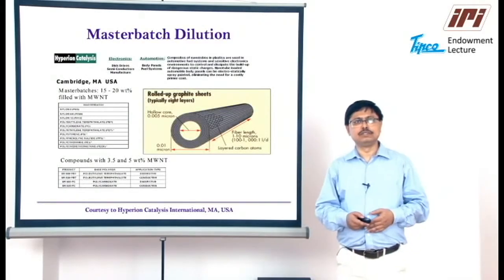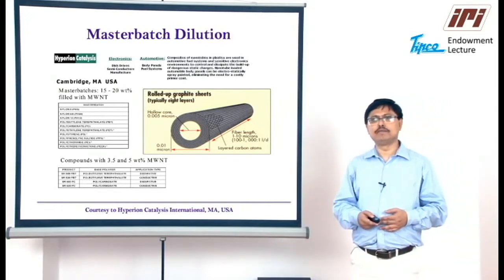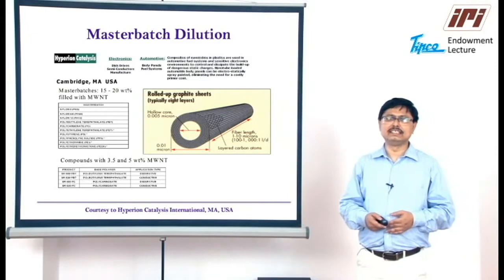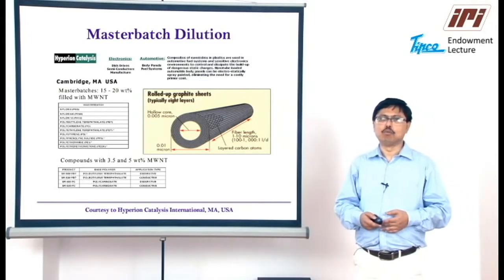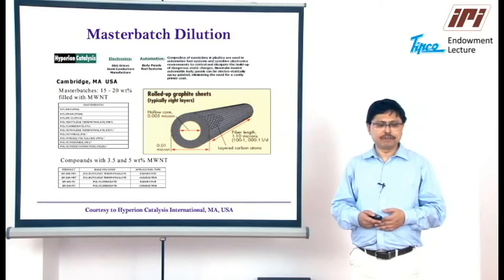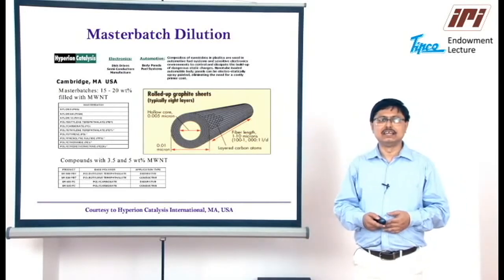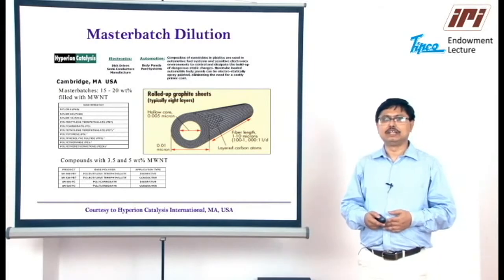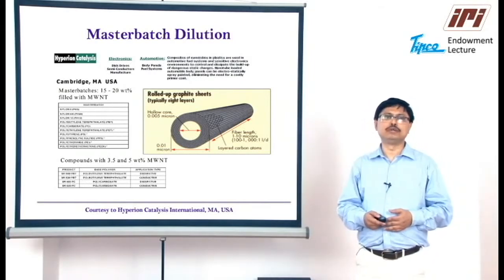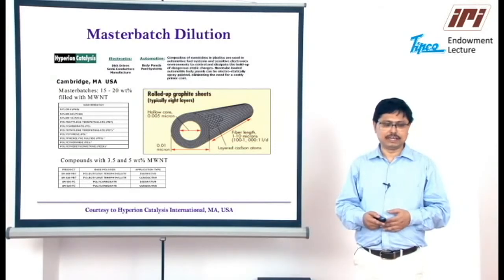The second example regards the master batch dilution process, which also came up almost 10 years back by Hyperion Catalysis International. What they came up with as a product is the master batch of different polymer matrices which involved nylon 6, nylon 6,6, nylon 12, PBT and so many polymers, where they introduce almost 15 to 20% of multi-wall carbon nanotubes inside the polymer matrix.